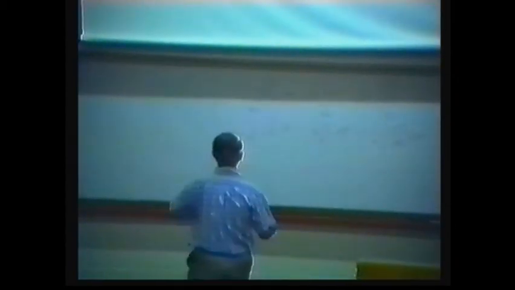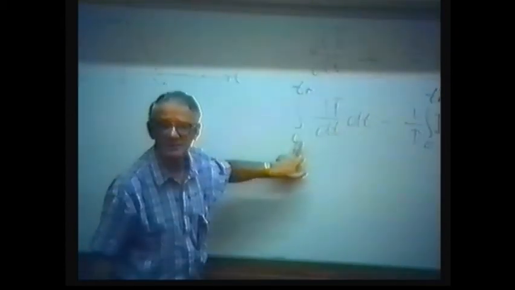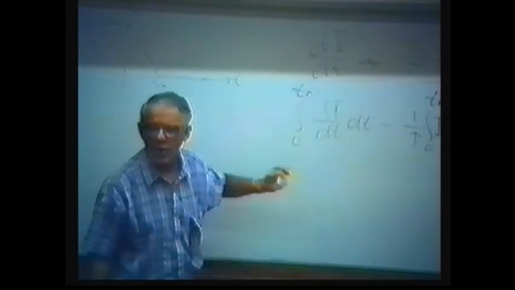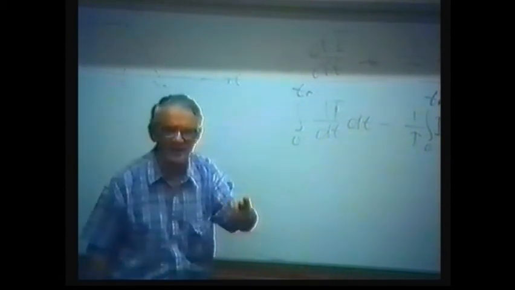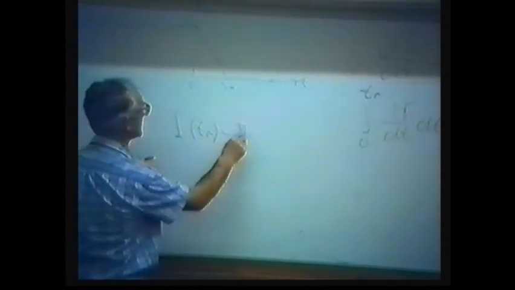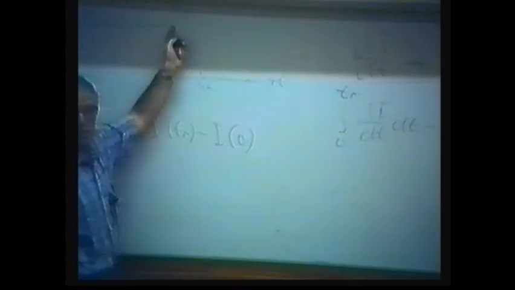Current at ramp time minus current. Is it clear or not? Always the integral of a differential simply equals the function, the integrand. So I can write current at ramp time minus current at the initial moment.